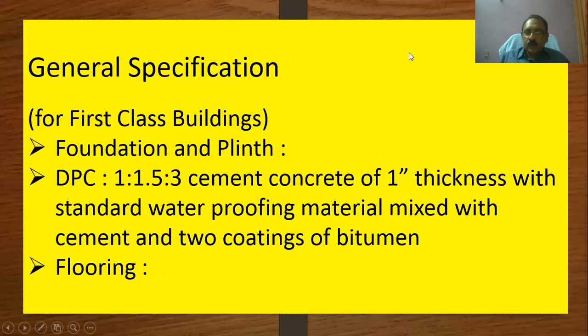Nowadays, to avoid insects, some chemicals are mixed with cement, and we also apply 2 coatings of bitumen, then flooring. These are at the initial stage. These are the general specifications of the first class building.